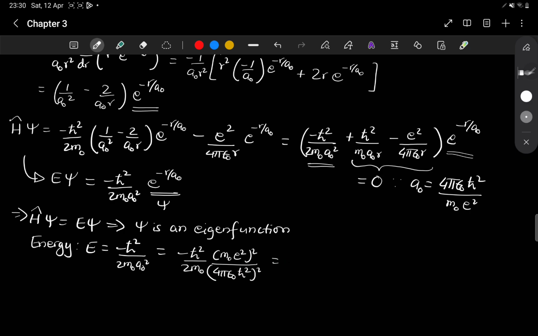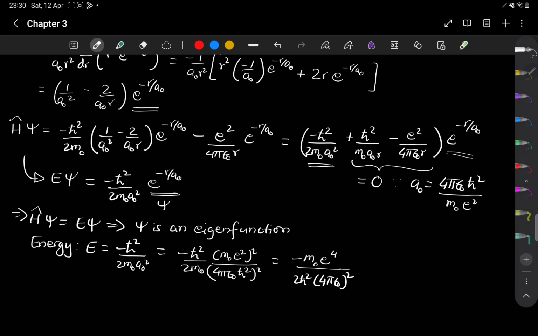And simplifying it, we finally get this expression. This is the energy. So we have shown that psi is an eigenfunction, and we have found the value of the eigenvalue, which is the energy.